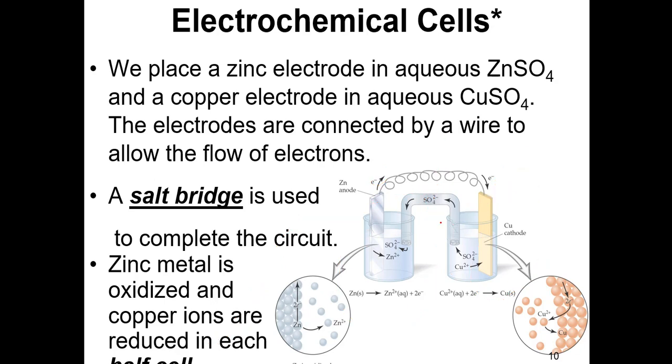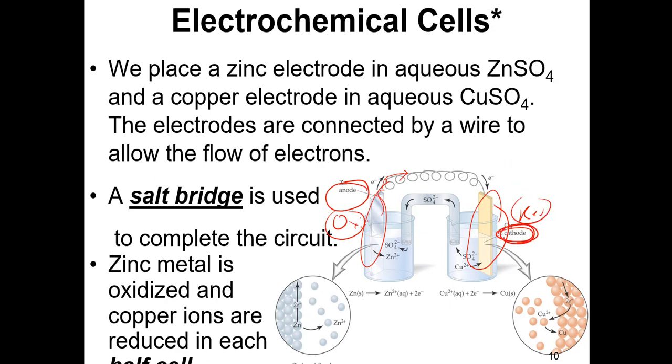Other terms we need to get into is anode. Anode is any substance that oxidizes and gives off the electrons. So this is a zinc anode because it's going to give off the electrons. Any substance that reduces is called a cathode.